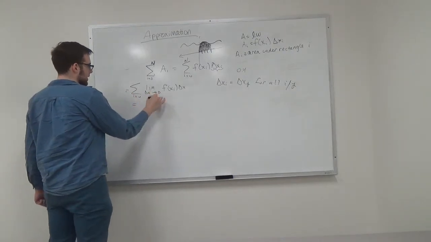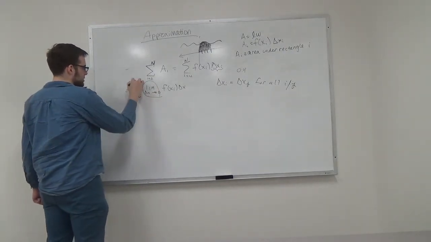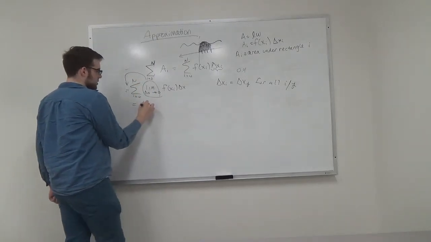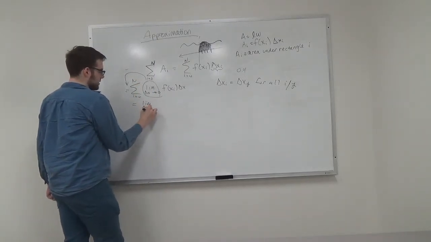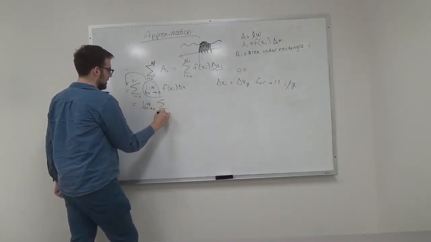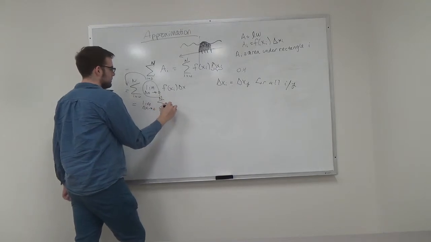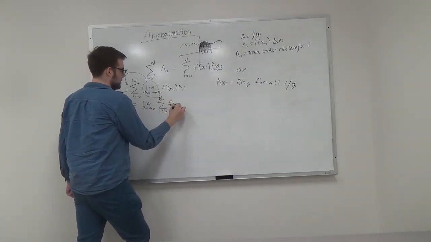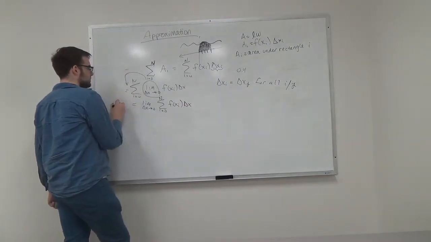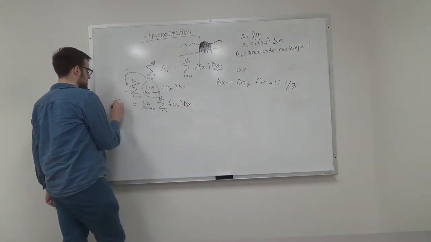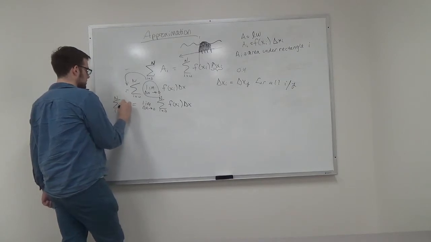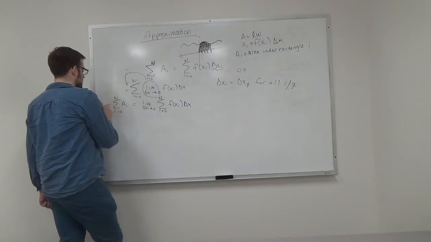Because the limit is not within the sum, we can bring the limit outside. So it's the limit as delta x approaches 0 of the sum i equals 0 to n of f of x i delta x, and this is equal to the area.